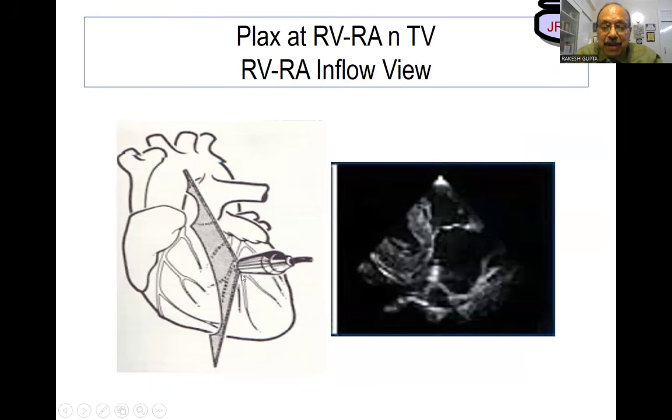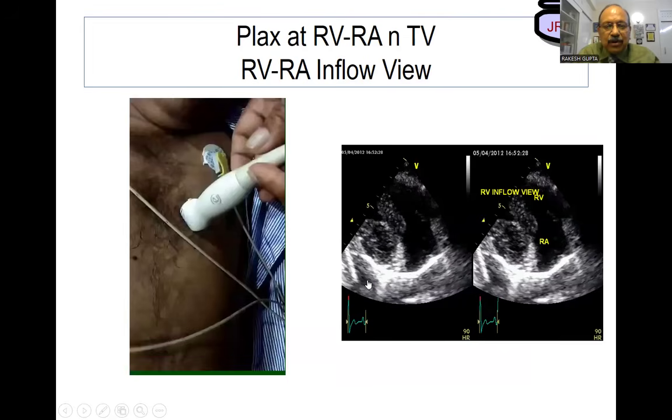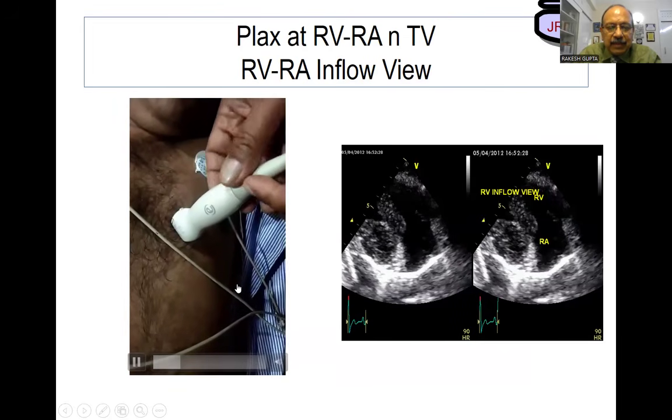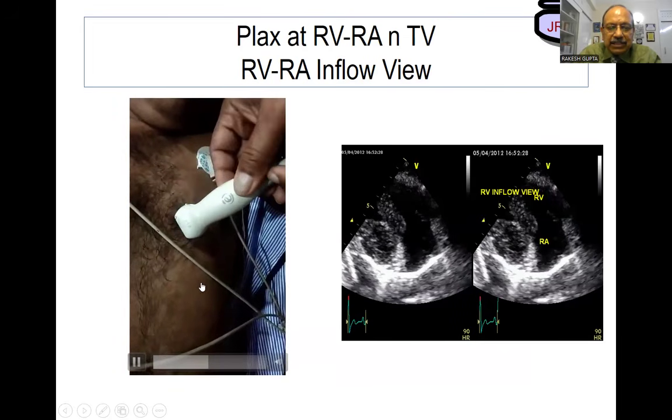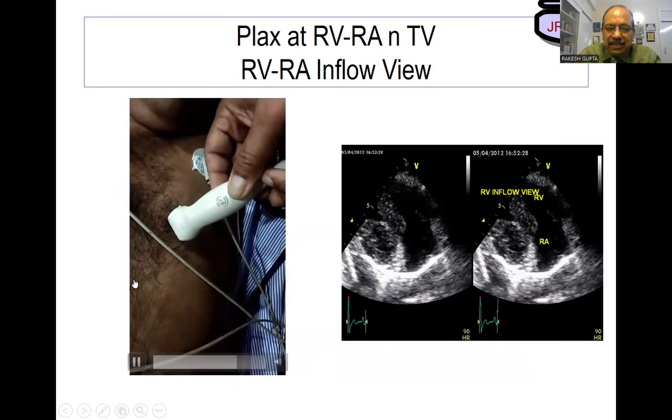Now, from the parasternal long axis window, we go to the RV inflow view. Look how it goes to the RV inflow view. Now he's tilting the footprint towards the mediastinum.